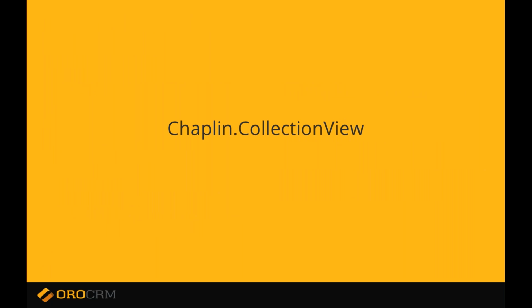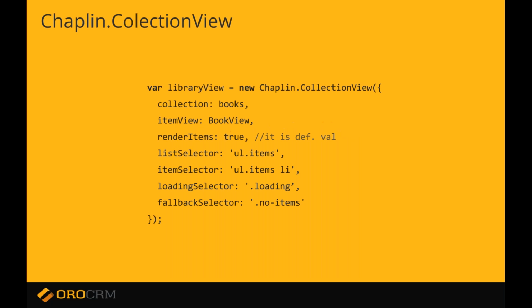Collection view. Also, there is no such thing on the backbone as collection view. But it is introduced by Chaplin. It provides a lot of useful things to work with collection. So here you see that we don't need to declare complex view.